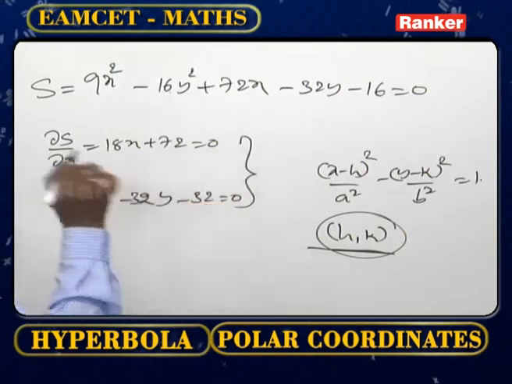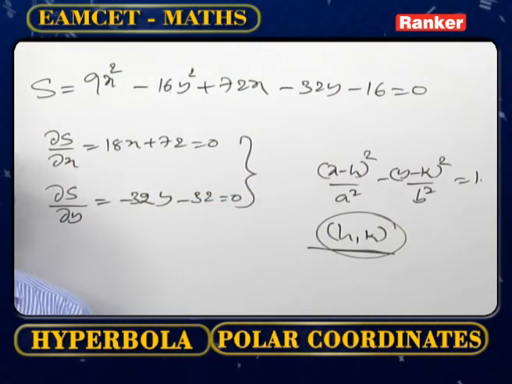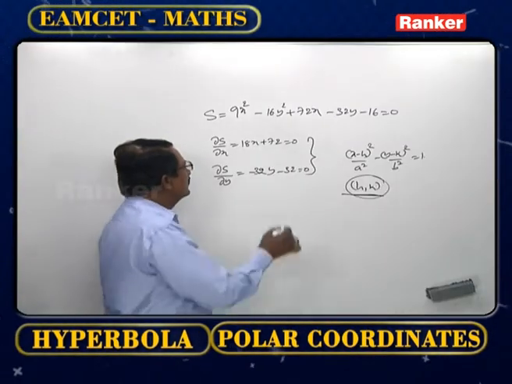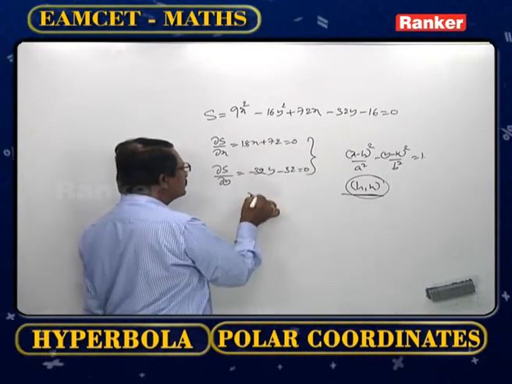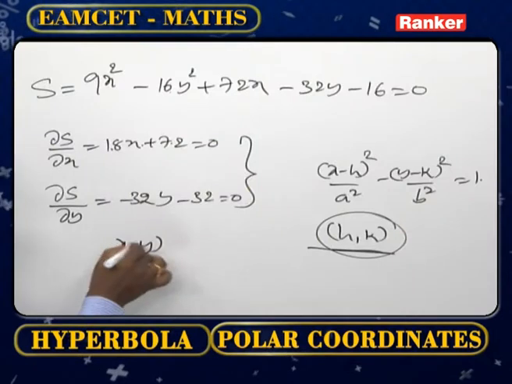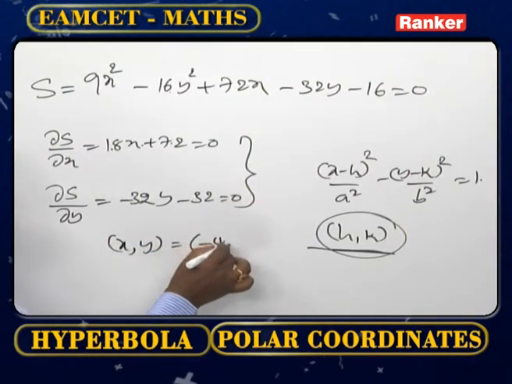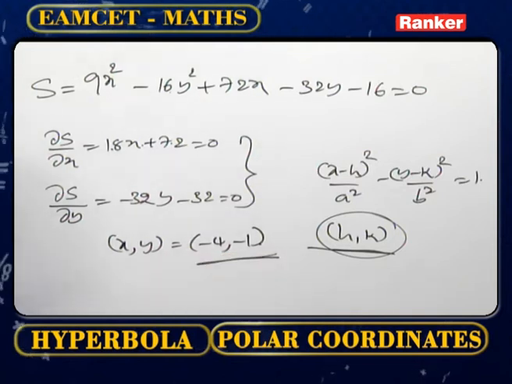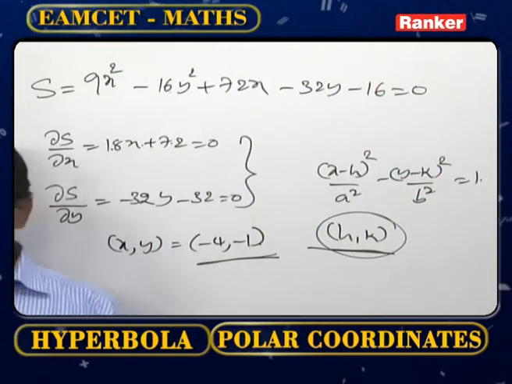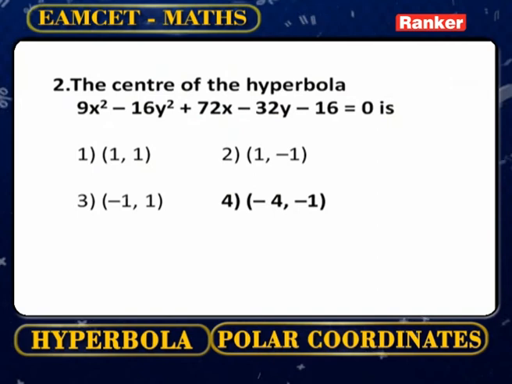Just solve these two equations, and we get the center. Now 18x equals minus 72, so x equals minus 4. Similarly, y equals minus 1. Then the center is (minus 4, minus 1). The fourth option is correct.